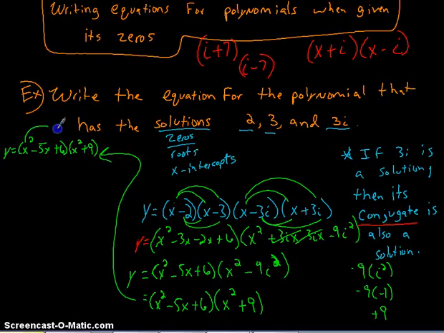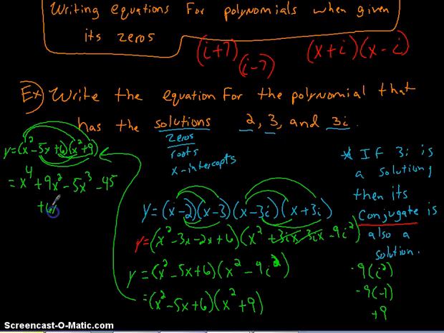But anyway, multiplying together: x squared times x squared is x to the 4th, and x squared times 9 is 9x squared. Negative 5x times each is negative 5x to the 3rd and negative 45. And 6 times each gives you a positive 6x squared and a positive 54. I'll line those up with the like terms.